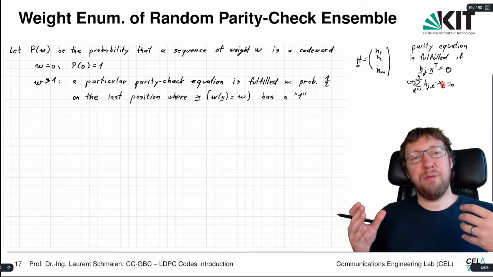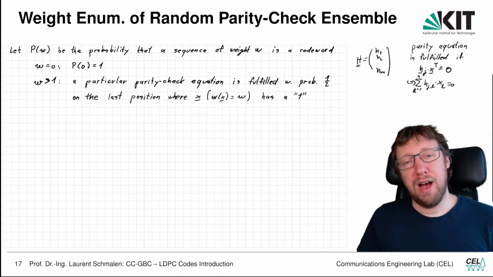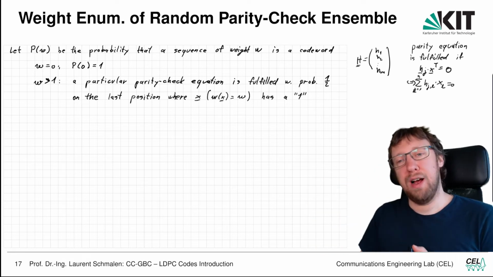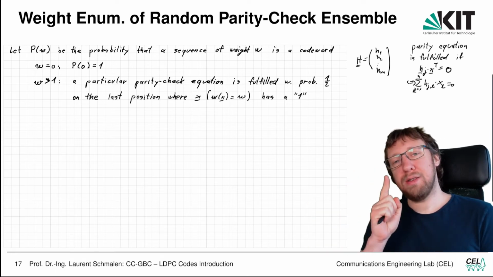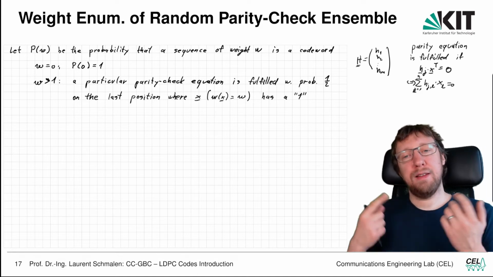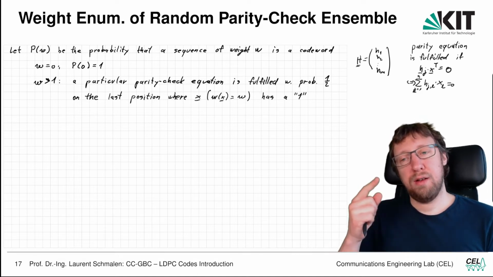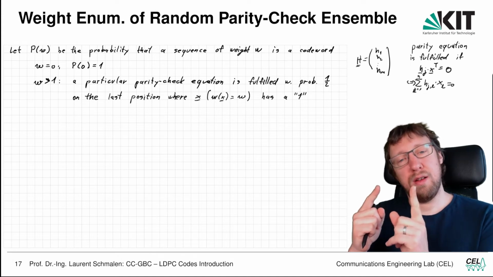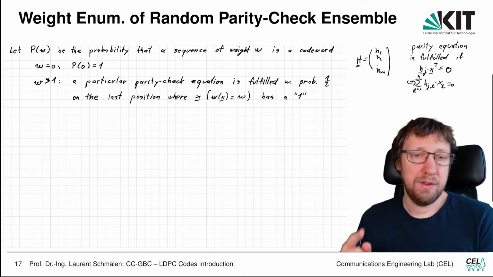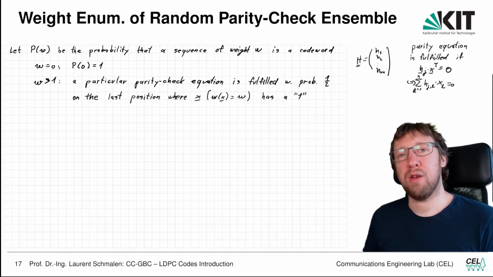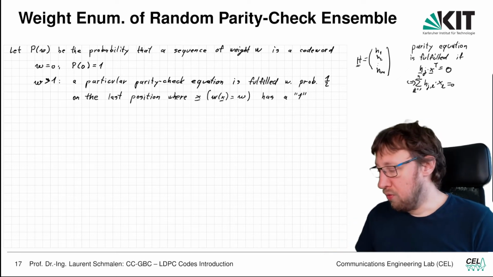What has come before also happened with probability 1/2, because all the entries happen with probability 1/2, so it just depends on the last position. So the probability that we fulfill a certain parity-check equation is actually equal to 1/2.